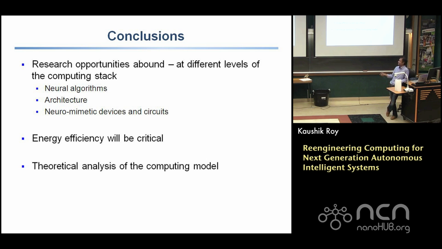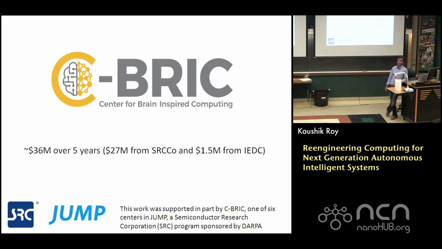Energy efficiency certainly is going to be critical. And something I didn't really talk about is that you sometimes need to know why things work and why things don't work. So there has to be some theoretical analysis of some of these computing models. That's all I have.